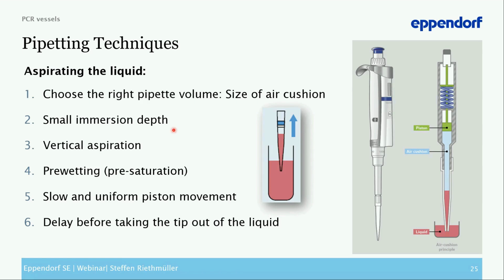Then it's beneficial to use a small immersion depth while aspirating and to aspirate vertically. A pre-wetting of the tip makes sense, and a slow and uniform piston movement is also very important, and a delay before taking the tip out of the liquid.